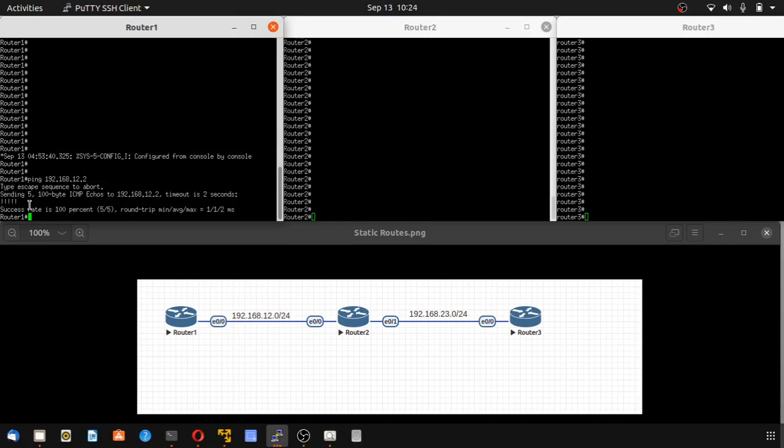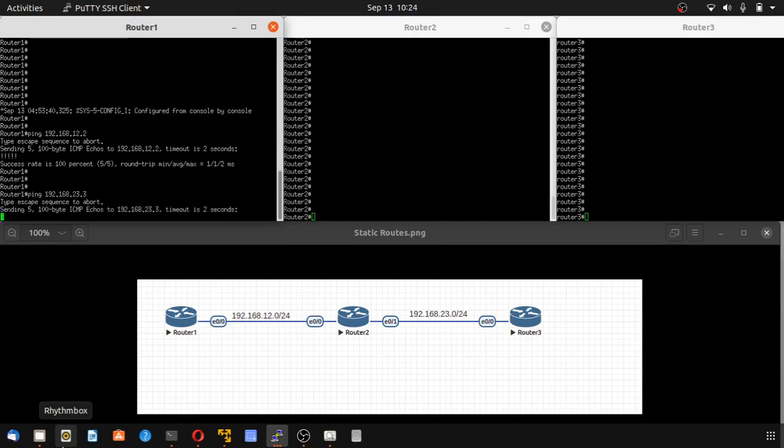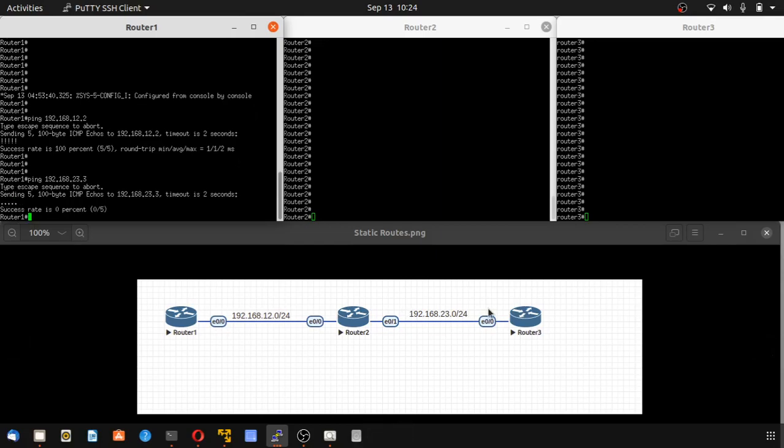But when you ping R3, at 192.168.23.3, it is not reachable. Why is it not reachable? Because this router doesn't know about this network. And how will we solve this? By using static routes.